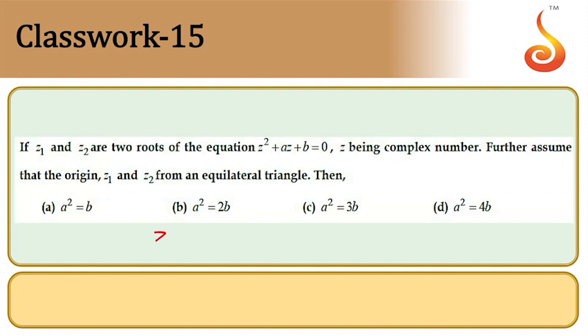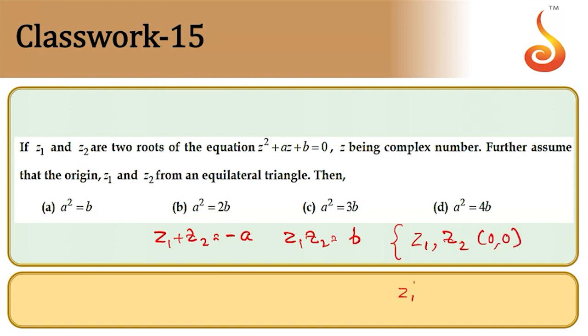If you see this one, z1 + z2, the sum of roots, is -a and z1 z2 is equal to b. z1, z2 and the origin form an equilateral triangle. This is the condition, please remember. Then z1² + z2² - z1 z2 = 0.